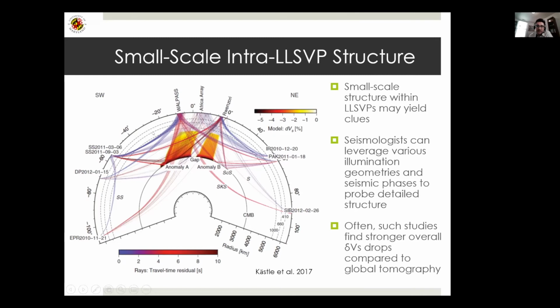The point here is just to see how seismic waves traveling along different paths can provide constraints on the details of the structure within the African LLSVP. And one important thing to note is that when such detailed studies are carried out, they almost always find that the overall shear velocity drop is greater compared to global tomography.